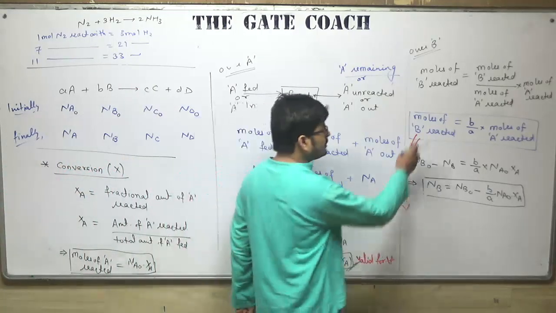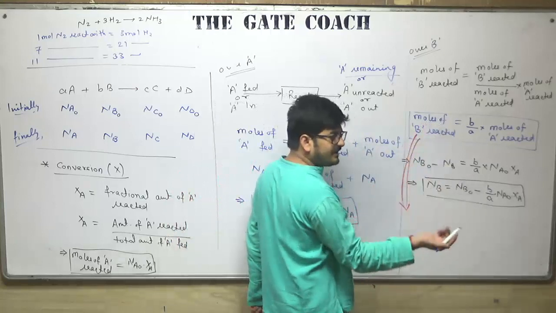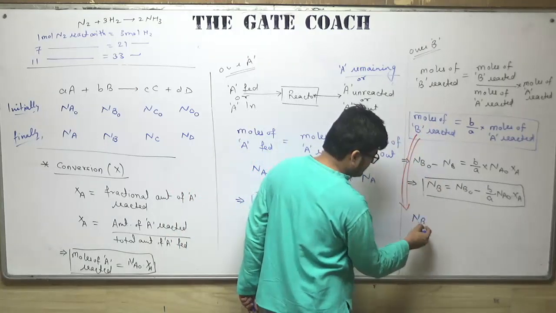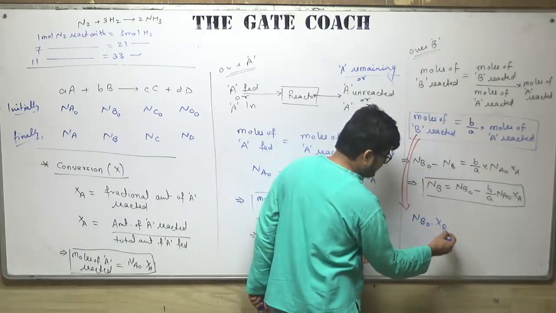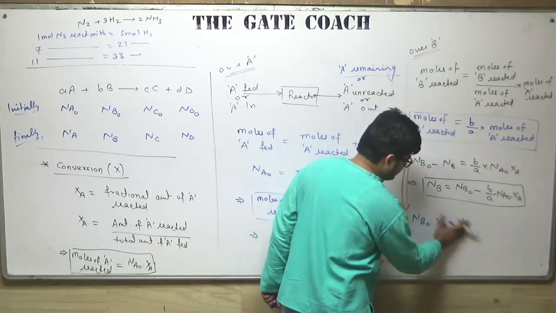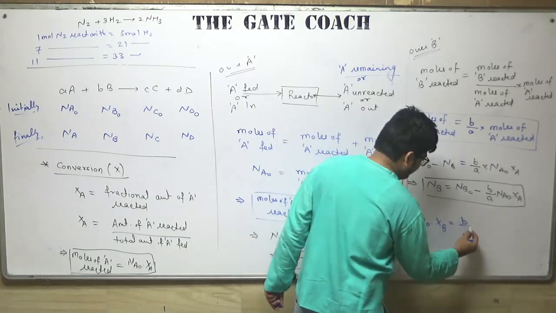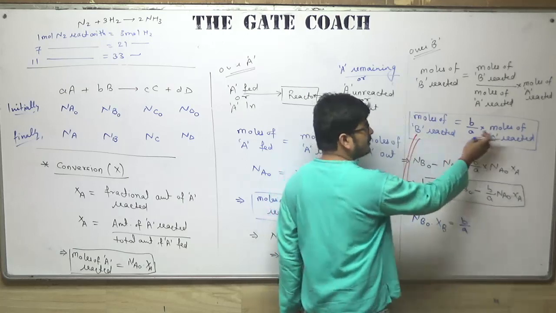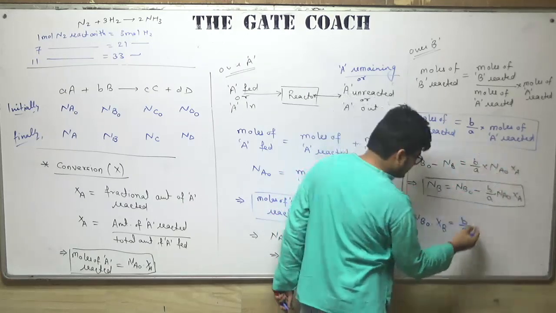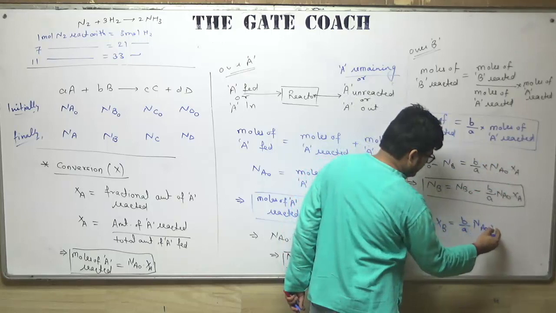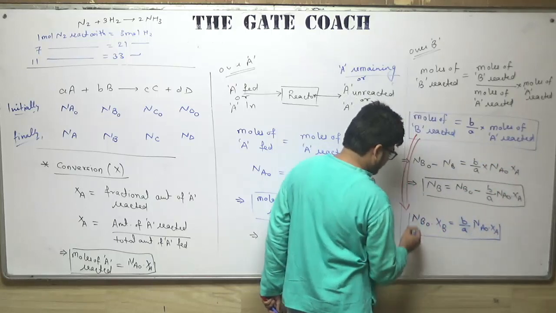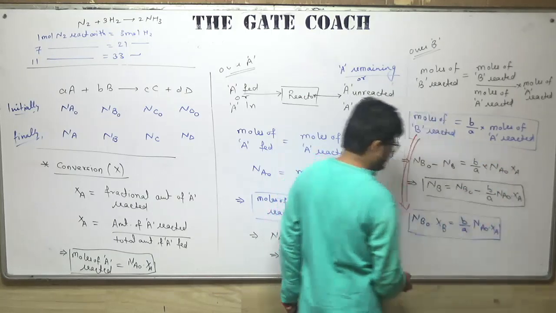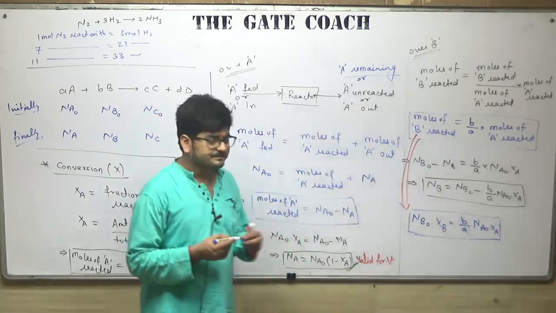Similarly, moles of B reacted can be written as NB naught into Xb, that is equal to B by A times moles of A reacted, which is Na naught into Xa. So this is the relation between Xb and Xa.